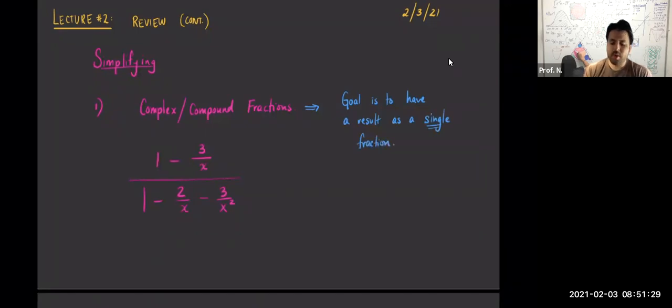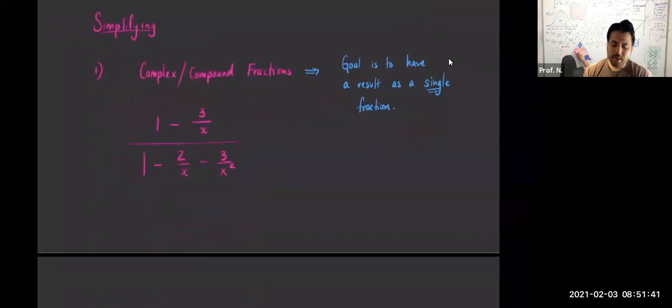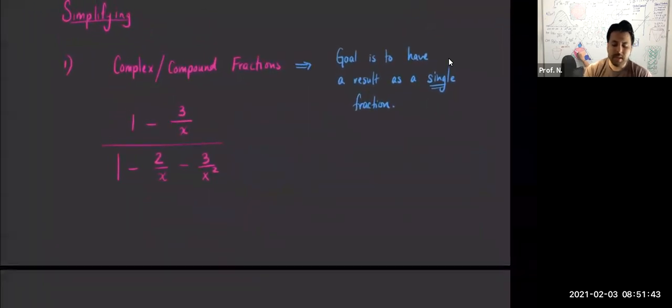So the goal of simplifying here is that this whole complex fraction becomes one single fraction with a numerator and denominator. Now, can anyone tell me what is the first order of business when I want to start my simplification of this? Where do I begin?